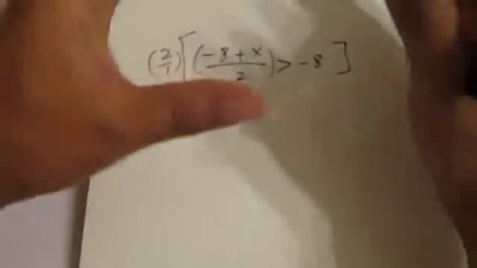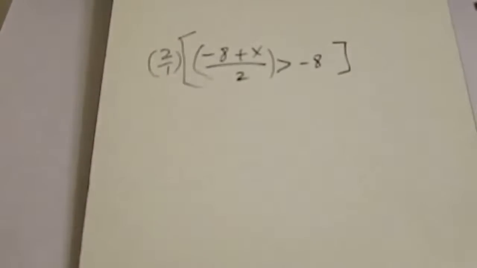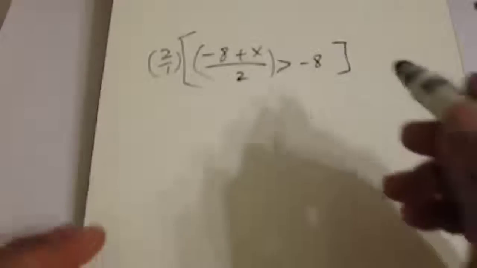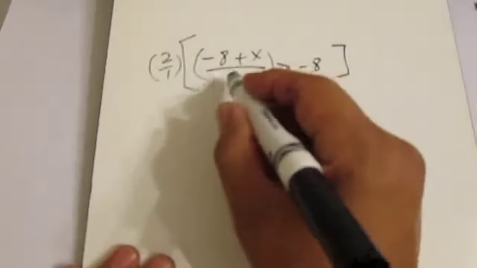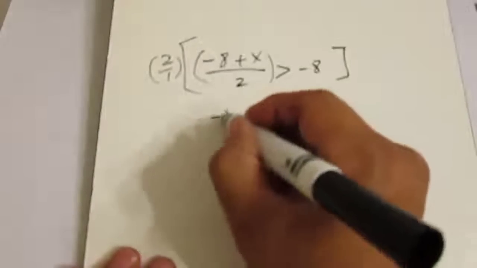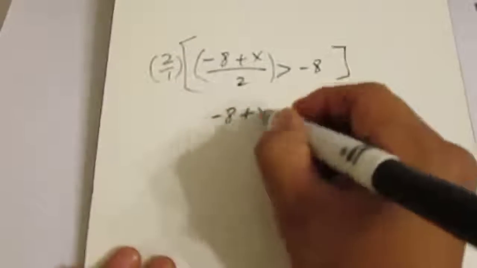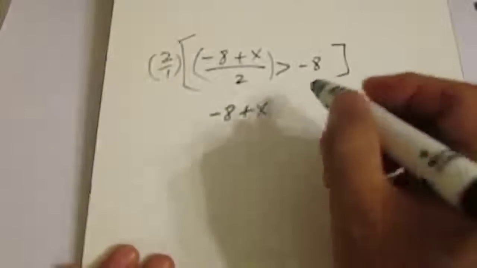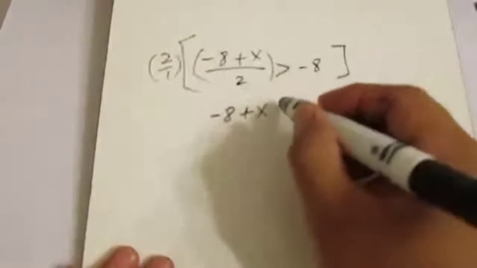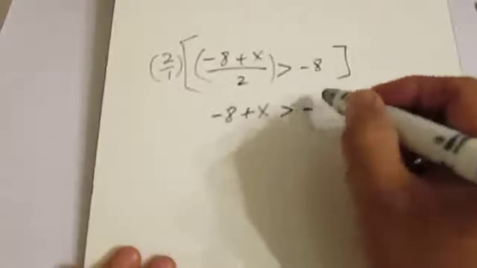So when I do the whole thing, I know not many people get exposed to it this way, but this is how it is. So when I do that, it's going to be negative 8 plus x, because this crosses out, and then the other side is going to be negative 16.